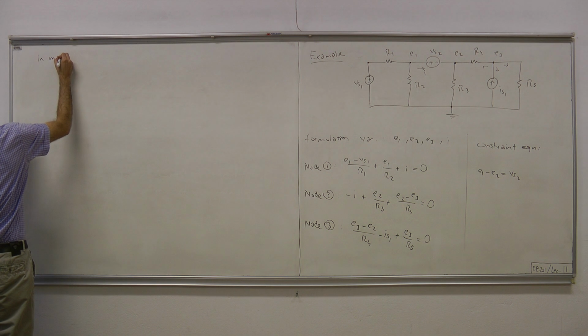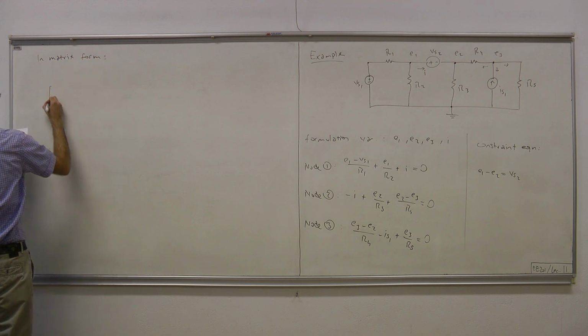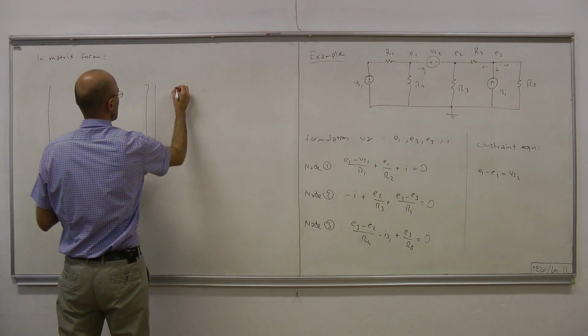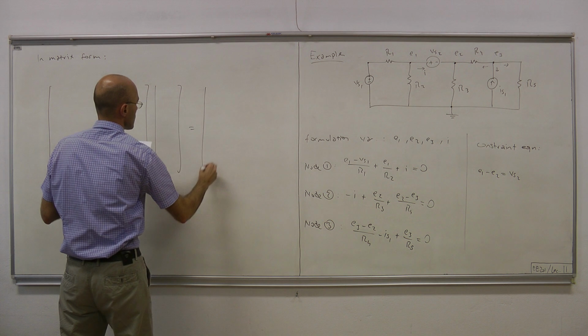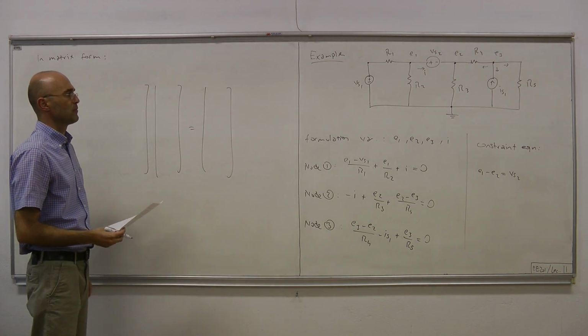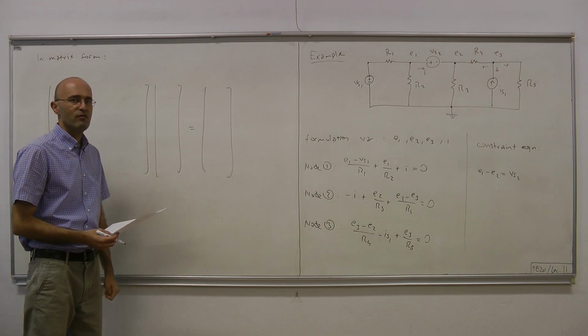In matrix form, since we have 4 unknowns, this matrix will be a 4 by 4 matrix.